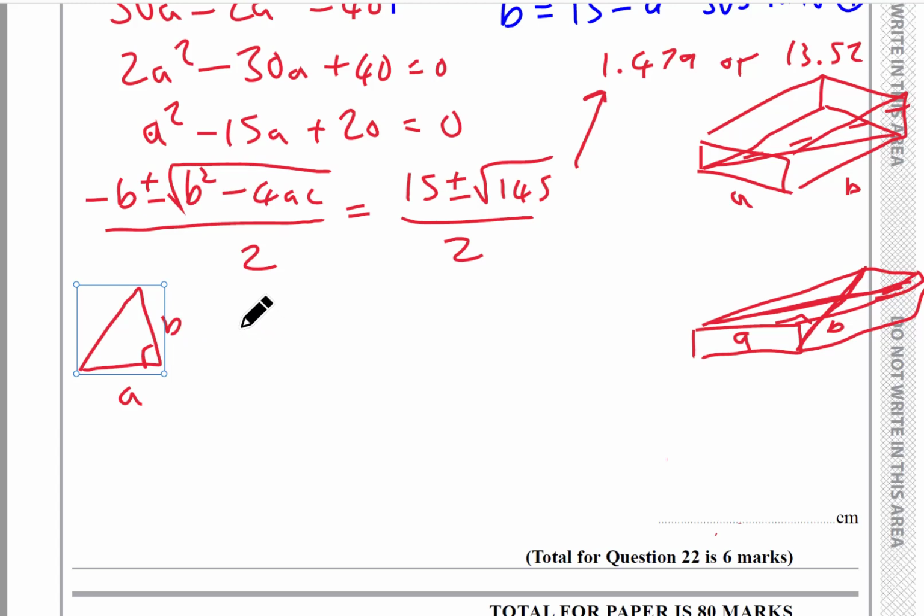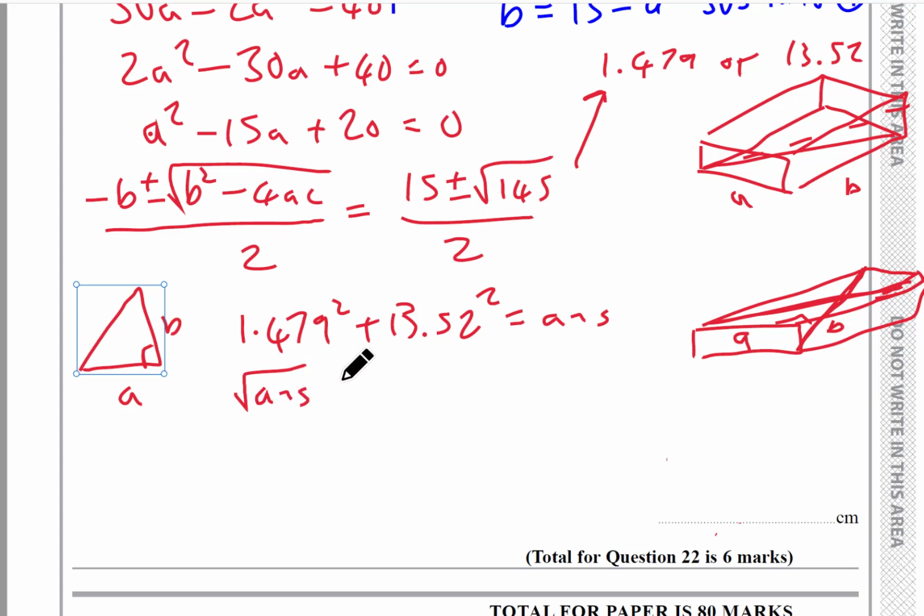So we're going to do 1.479 squared plus 13.52 squared, which equals the answer. We're going to square root that answer to get 13.6. So this point is 13.6.